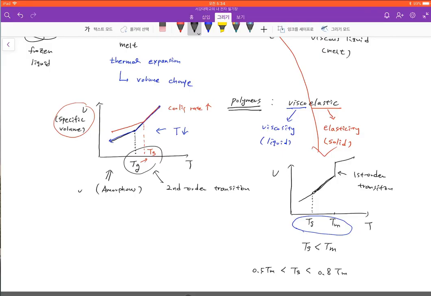Okay, that's one way to define glass transition. Another definition would be like Tg is the temperature where the polymer chains show micro Brownian motion. You know what Brownian motion is, right? So there are many different ways to define it, and there are many different characteristics at which the glass transition temperature shows. Okay?